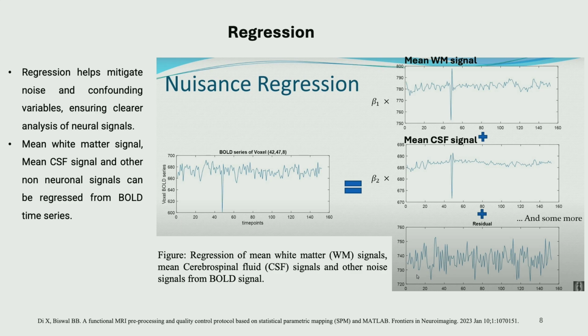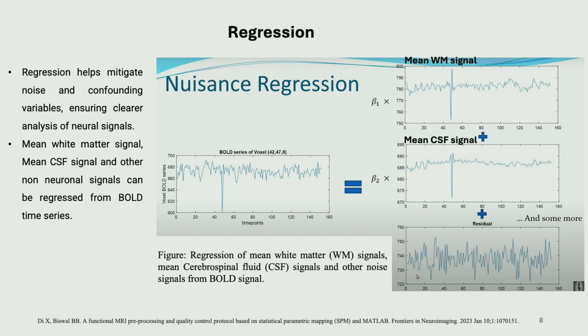Similarly, if one thought that based on the movie you're watching, maybe there would be some change in the heart rate, then that would be something of interest and one should not regress. So I feel depending on the question that you are going to ask, you should decide which one to use, which one not to use.